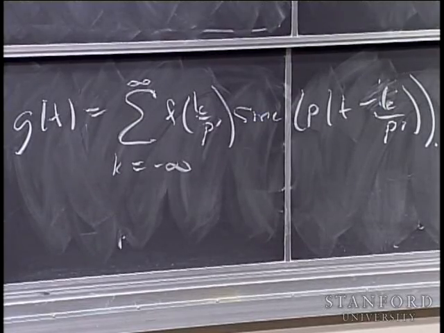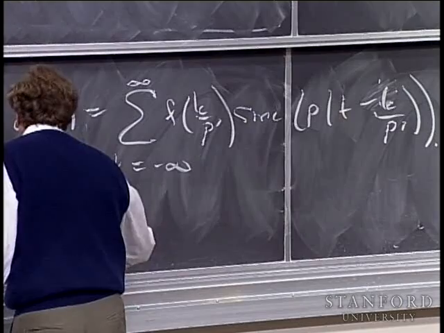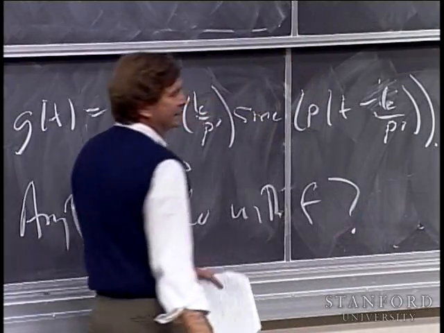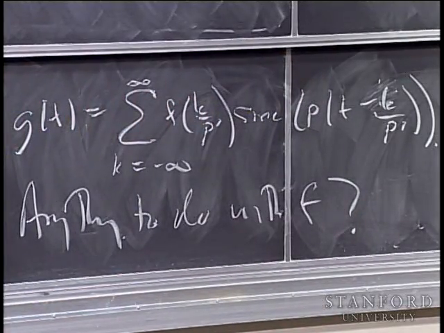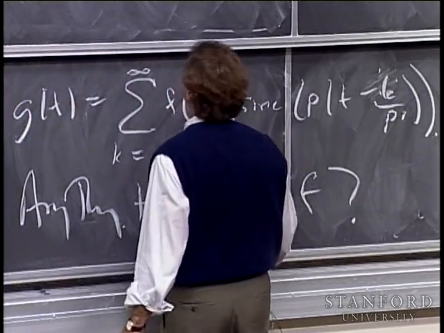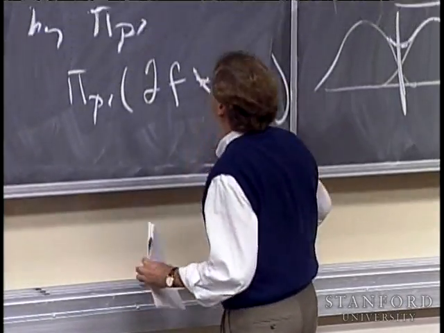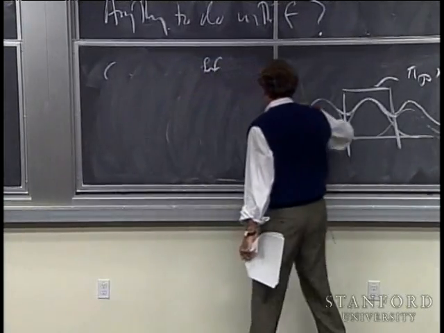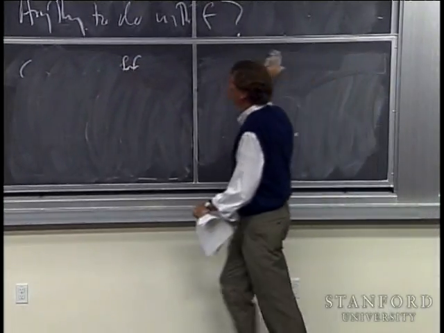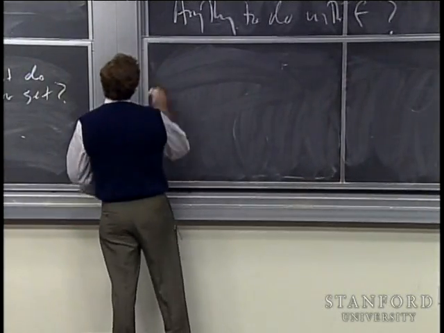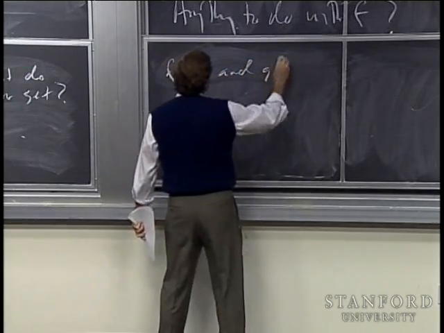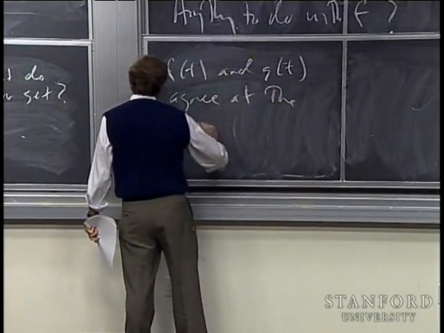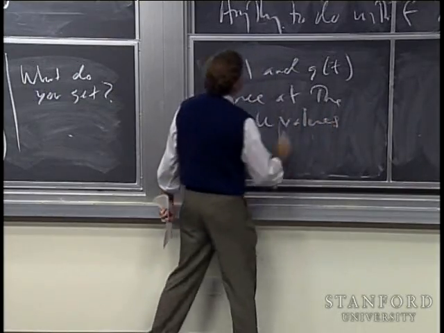What does g have to do with f? Anything to do with f? Yes. It has the same sample values as f. f and g agree at the sample values. So f of t and g of t are equal at the sample values k over p prime.